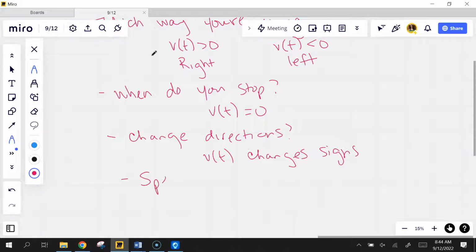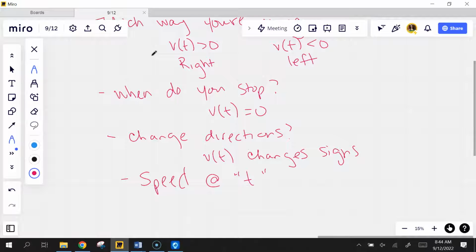How do you find the speed at a point? Let's say the speed at time t, just any particular value. Acceleration's close, but acceleration tells you how much you're increasing or decreasing your velocity.